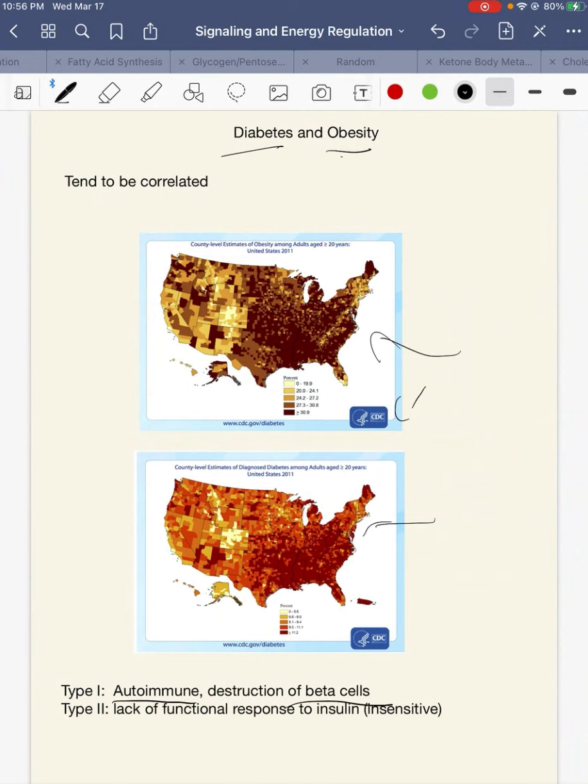So usually treatment for this would be to give the patients insulin injections. Type 2 diabetes is when your receptors don't respond to insulin. Type 1 usually happens at a younger age. Then type 2 is older, and that's the one that's usually correlated with obesity.